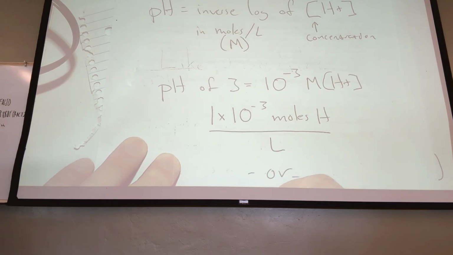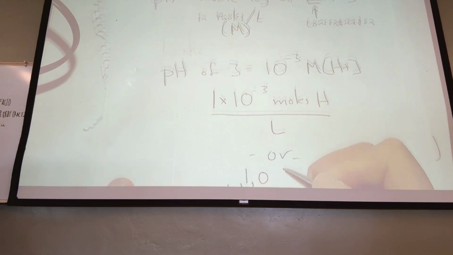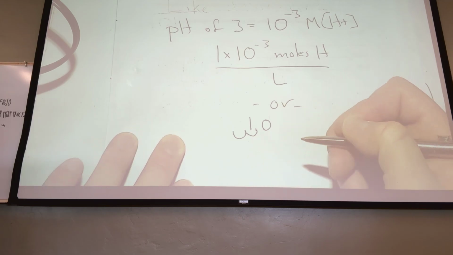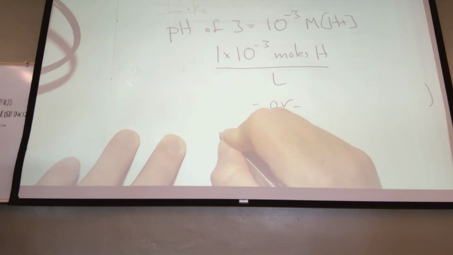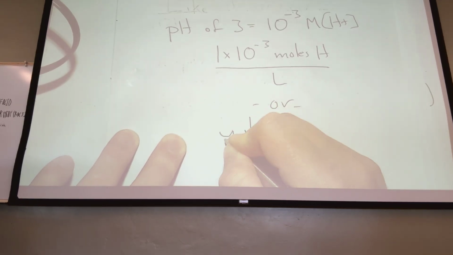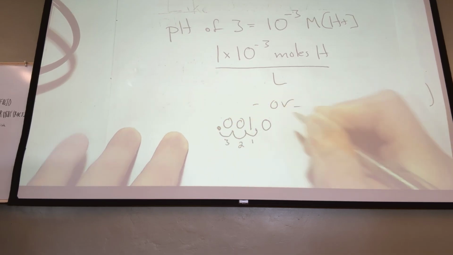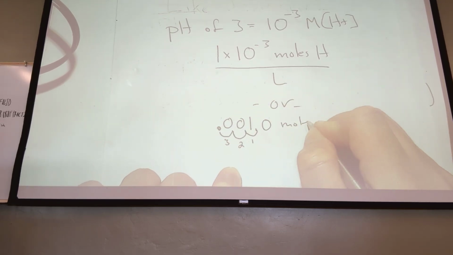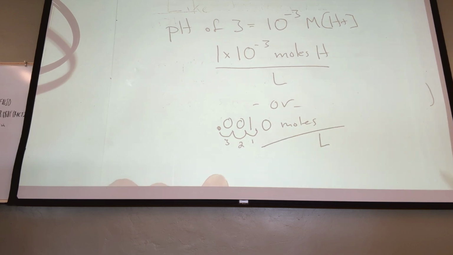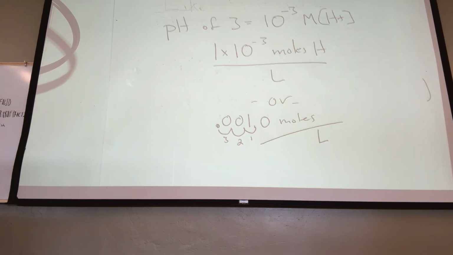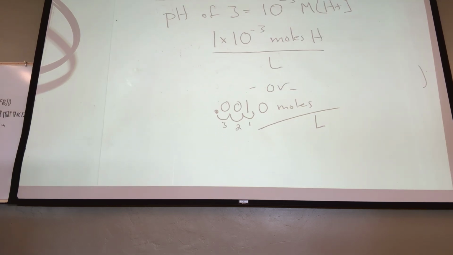Remember, 1.0, if you're going 1 times 10 to the negative 3, you just go 1, 2, 3. 0.001 moles per liter. All right? Cool so far?